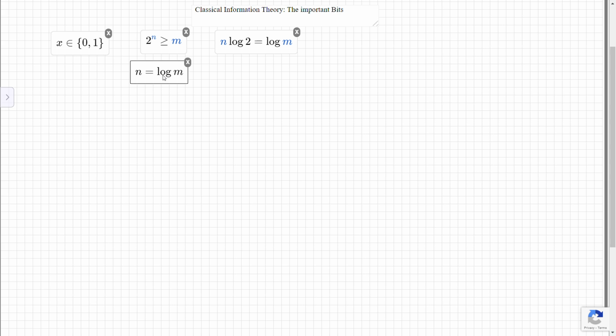Now the question is, okay, we have messages, we have bits, and everything is good, but what about information? How much information does something have? So Shannon came up with an idea, and the idea behind this is like this.